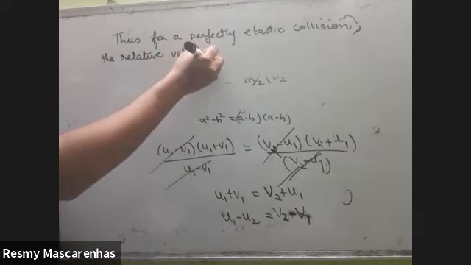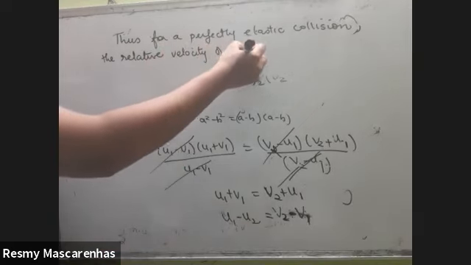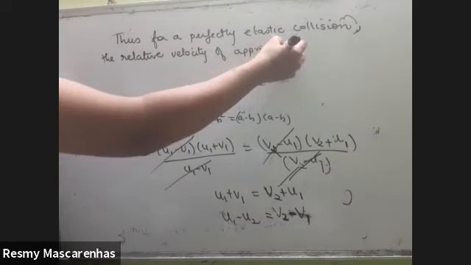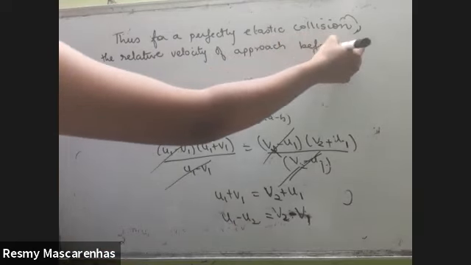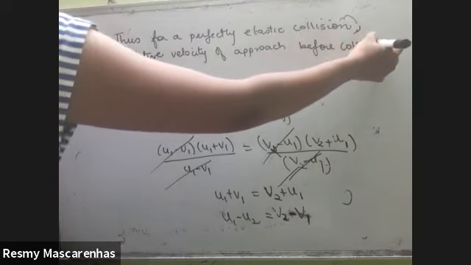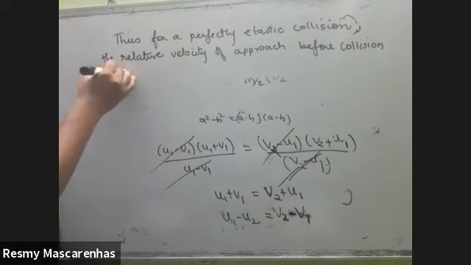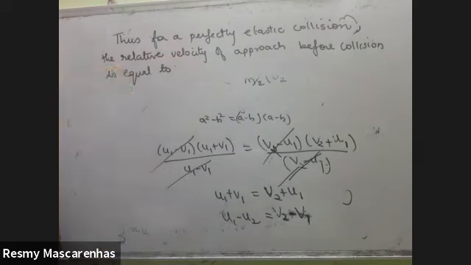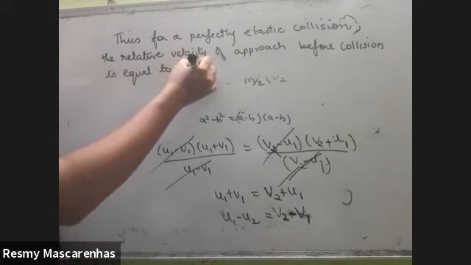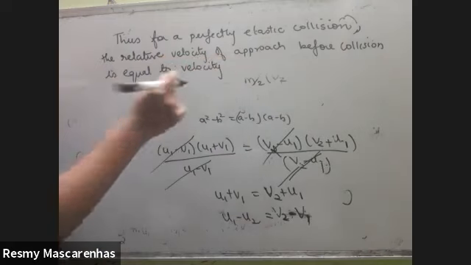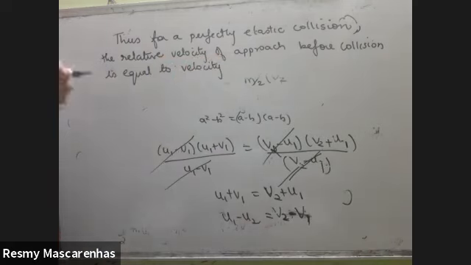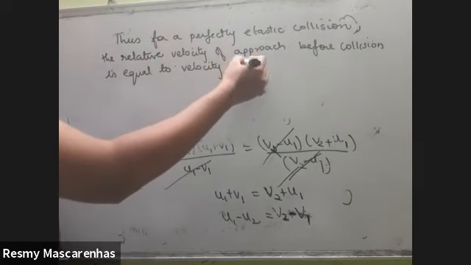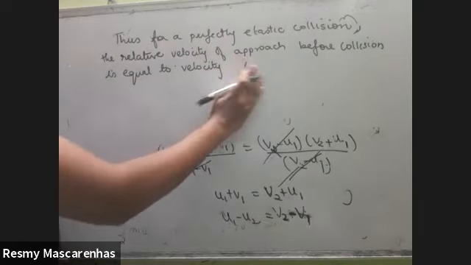The relative velocity of approach before collision is equal to the velocity of recession, you can use the word.